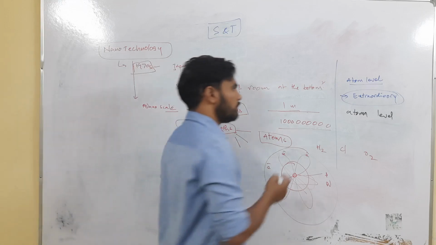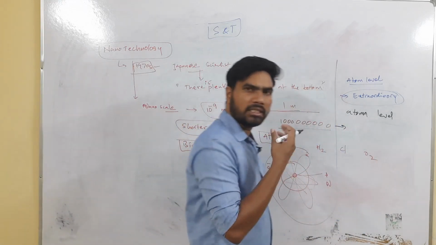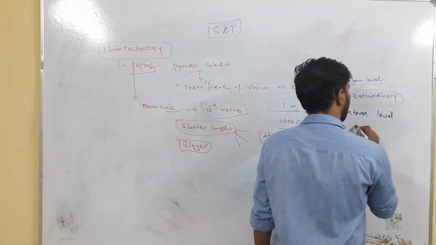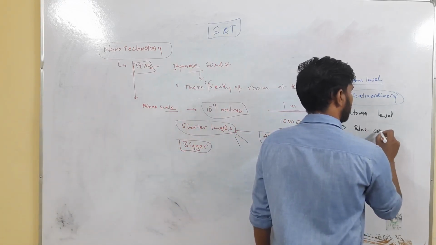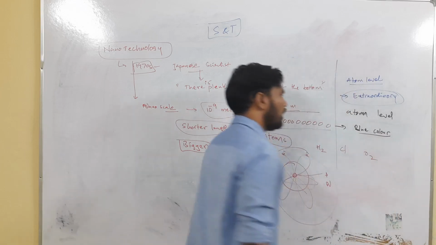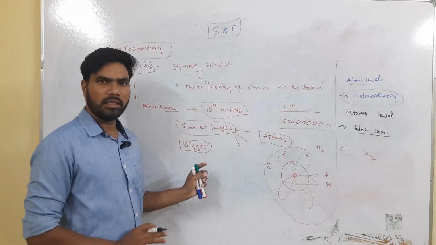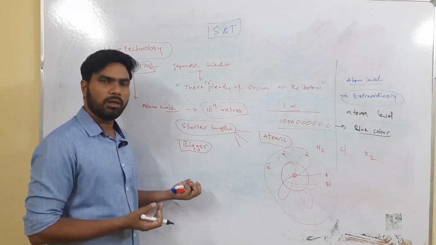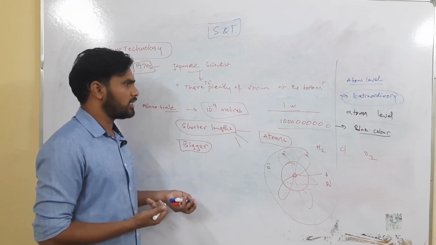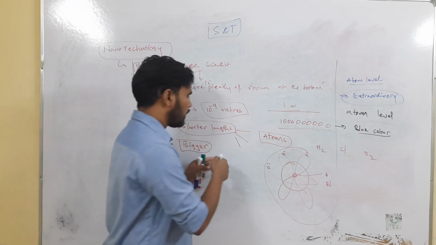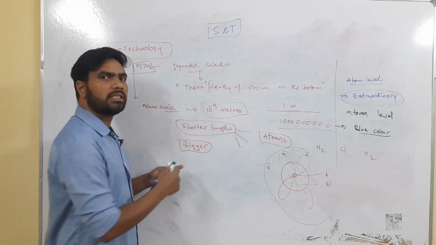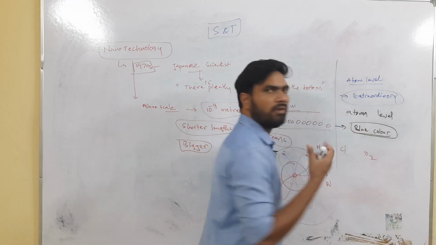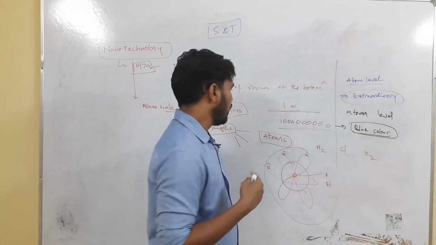So instead of looking white, when I started working on this board at the atom level, it may start looking blue in color. The atoms in this board, all together, are emitting white light. That's why this board is looking whitish. When I go to the atomic level and start working on this board, the atoms, instead of emitting white color, may start emitting blue color.